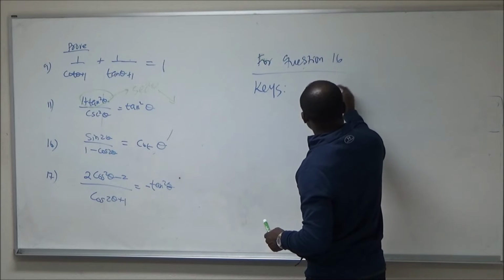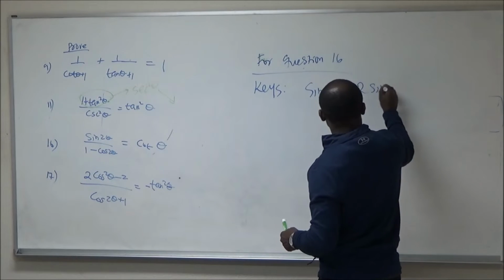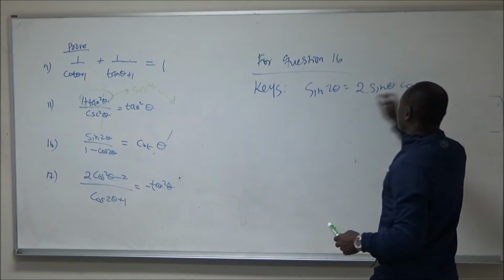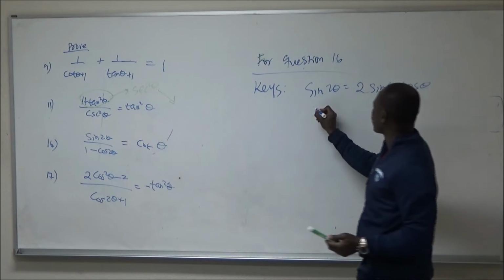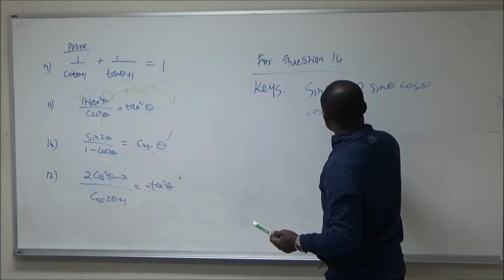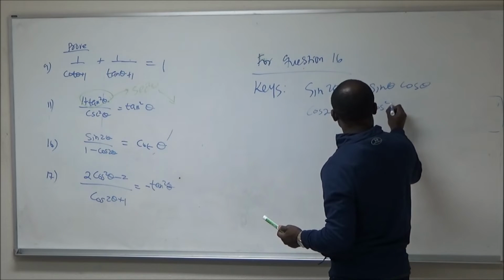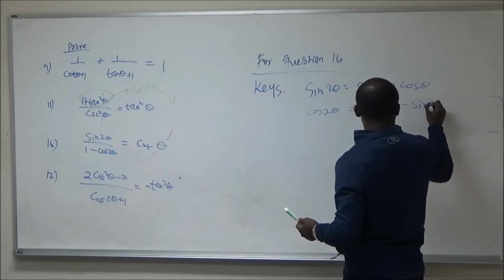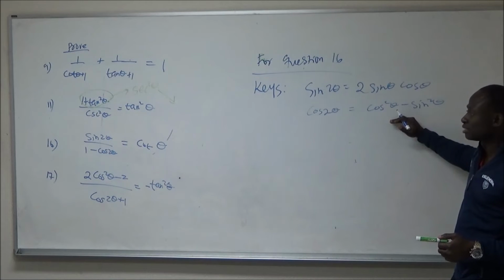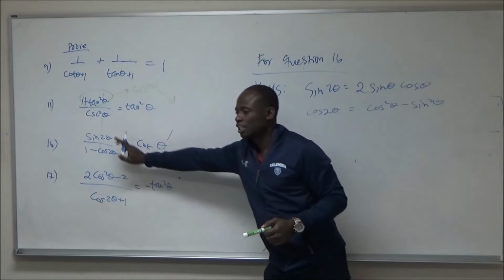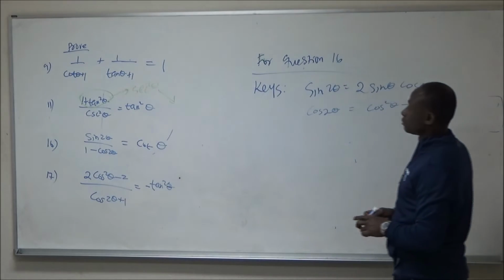Sine 2 theta is equal to 2 sine theta cosine theta. And by the way, it's important to just memorize these. You don't have to start this from scratch, right? And then cosine 2 theta is just cosine squared theta minus what? Sine squared theta. Boom. This is what you need to be able to do this problem. The rest of it is algebra, really.